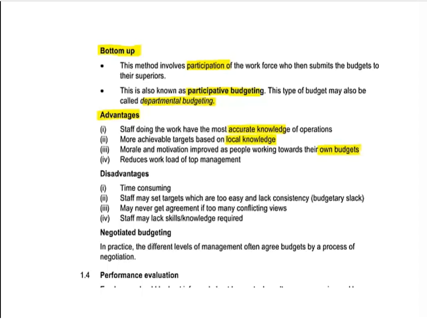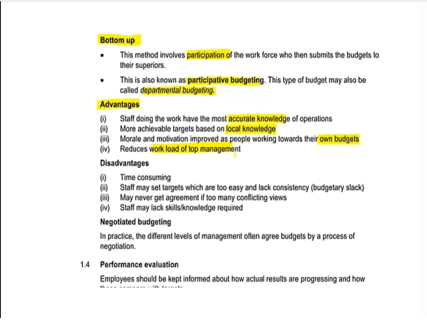You can't sort of say, oh, well, someone else set that, so there's no way I can achieve it. It also frees up top management, so they can be planning the next strategy. They can be thinking about external opportunities rather than day-to-day budgeting.